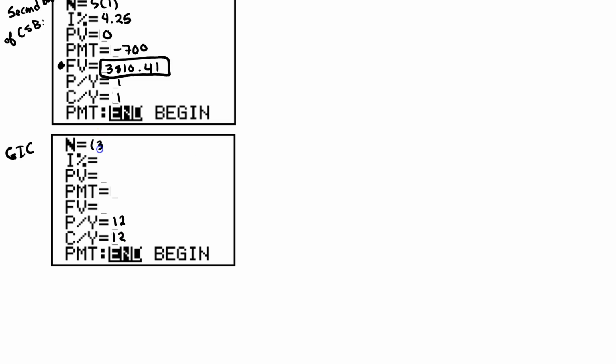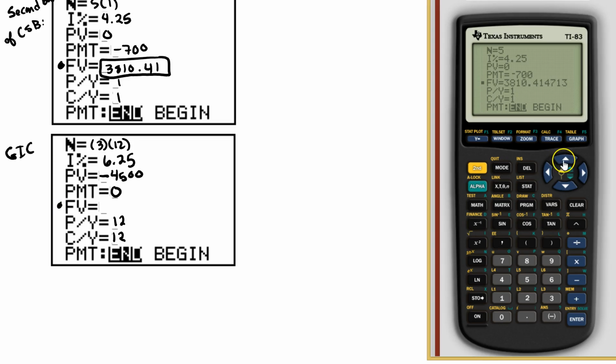It is for 3 years, so 3 times 12, and 6.25 is the interest rate. The present value is just one lump sum of $4,500. Payments are 0. It doesn't say that we put any additional payments into it, and we want to solve for future value. Let's do that, shall we?